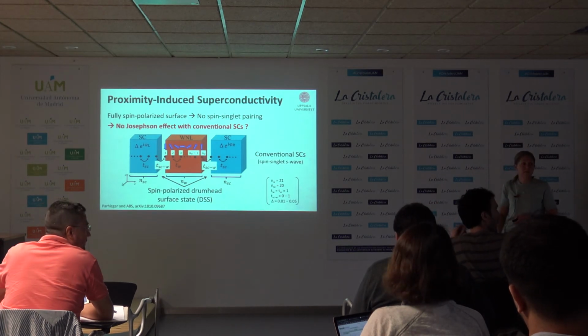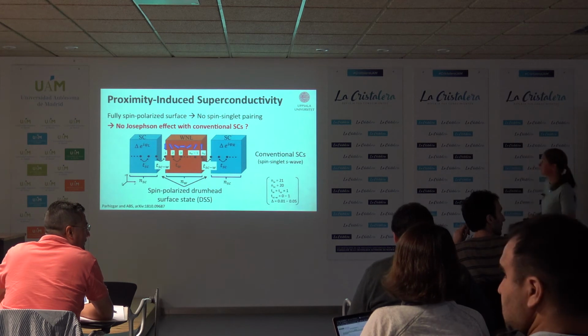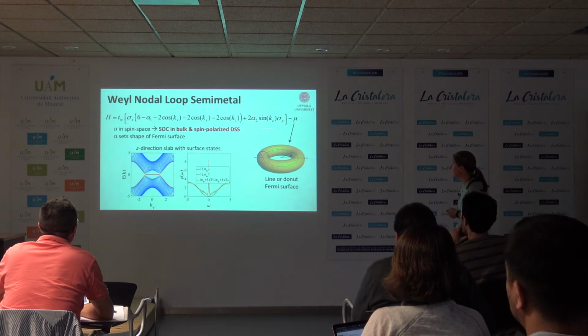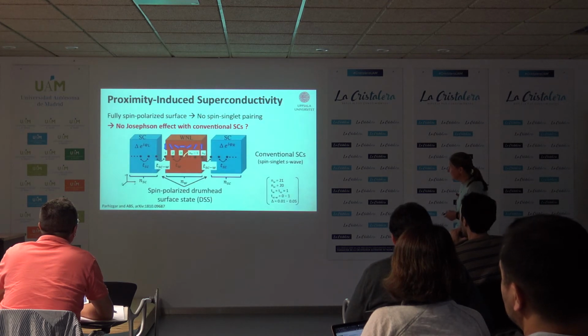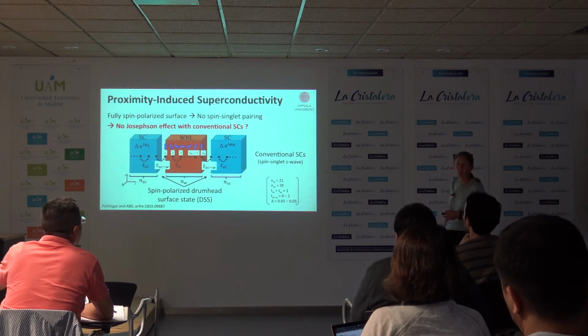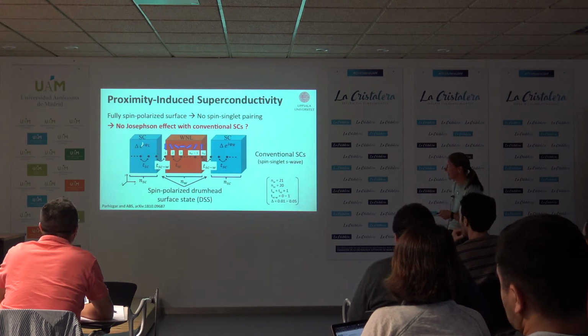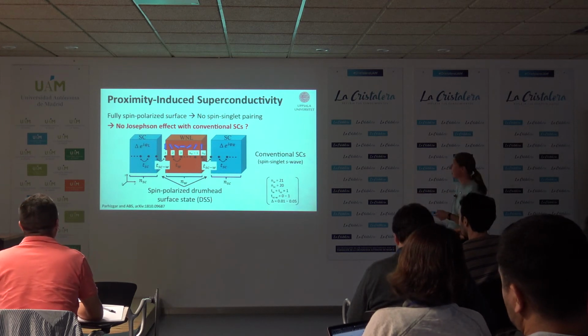But which equations are being solved, maybe to put it this way? Yes, so the equation being solved is I take this Hamiltonian for my nodal loop material. Here I have a single band superconductor with an order parameter, s-wave, it's just delta with a phase, so I can have a Josephson current.